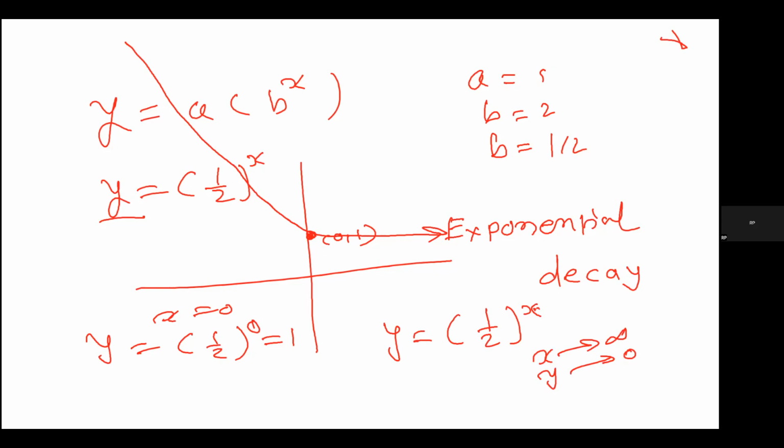And as x goes to negative infinity, y goes to positive infinity, because as x becomes smaller and smaller on the negative side, like -10, -100, this will be bigger and bigger. So this is how the graph of an exponential works.